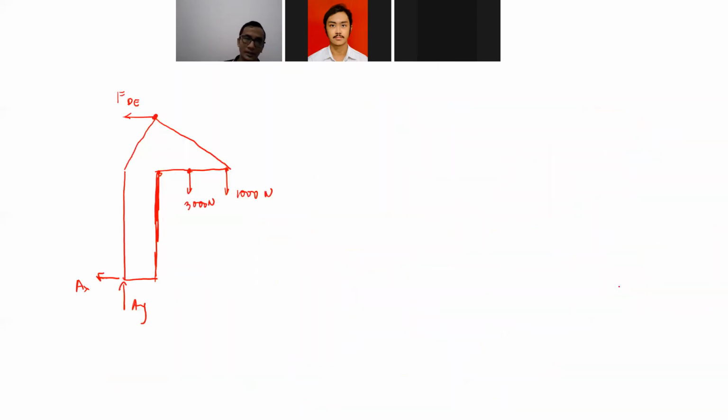Which one do you think is the best for us, Irshad? I think solving FDE is easier. Yep, correct. For now, solving FDE is easier because we can just solve this using sigma moment at A, right? Yes.